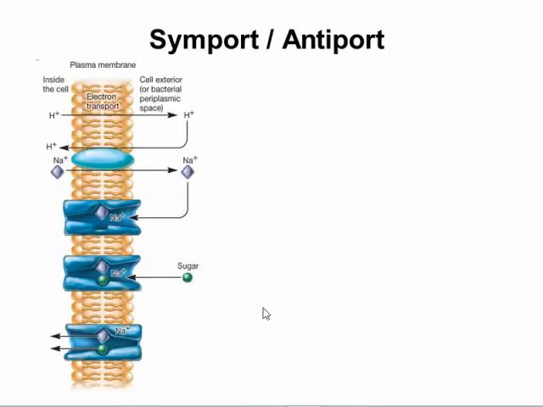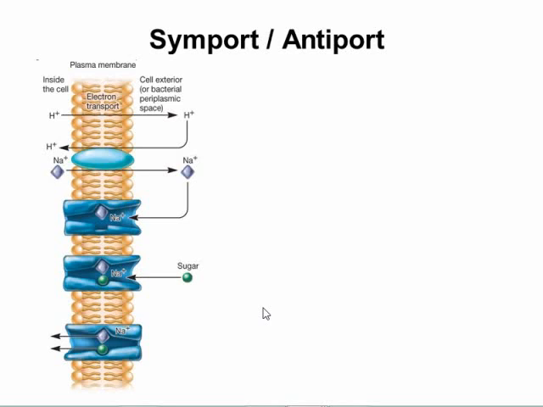Symport antiport systems. Okay, for ABC, let me just step back a little bit and say something quite simple about this. So active transport, it's what? It's importing something against the concentration gradient. So to get this to work, you have to put energy in somehow, because you're working against entropy, right?